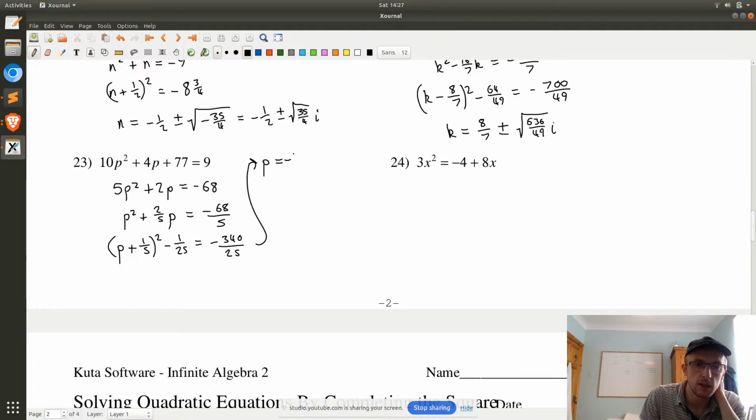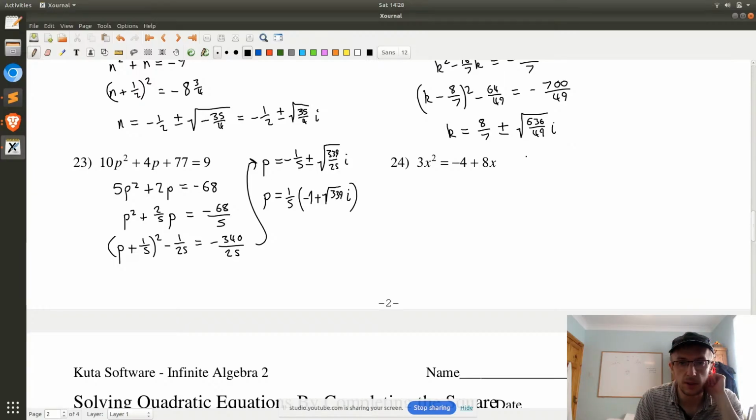So b equals negative a fifth plus or minus 339 over 25i. And just because they may really want it, I'll take care of that. So root 339 over root 339 over 5. So factor out a fifth. So negative 1 plus root 339. And 339 is 113 times 3. And 113 is, drum roll, prime. It is prime.